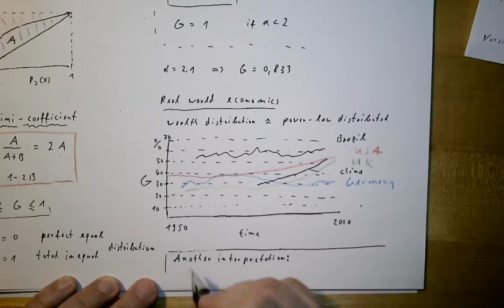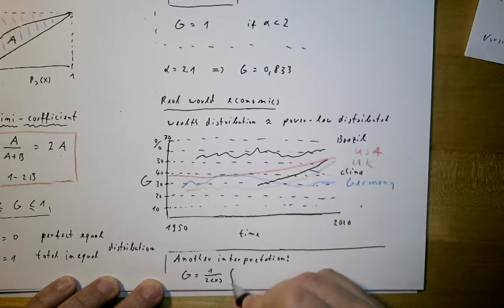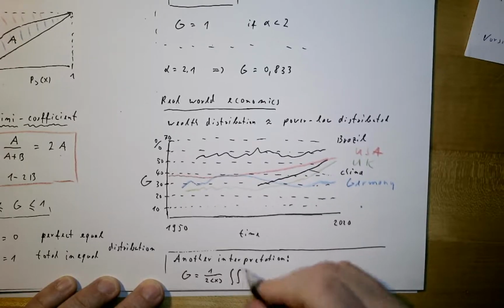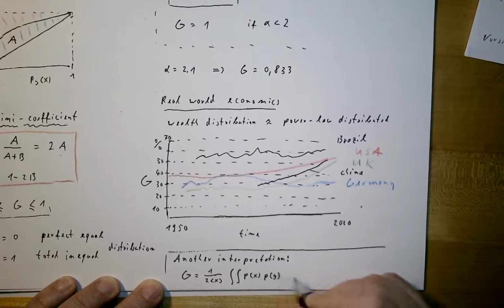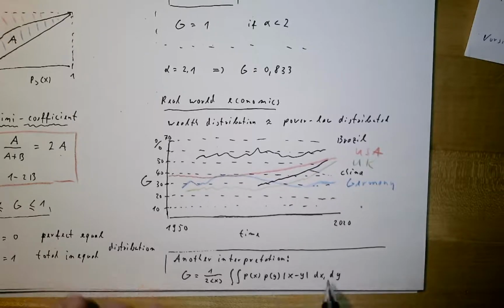So we can measure the Gini coefficient as 1 over 2 times the expected wealth in the distribution, and now we have to integrate 2 times our distribution, and we weight this by the typical wealth difference between two persons, and we integrate this over dx and over dy.